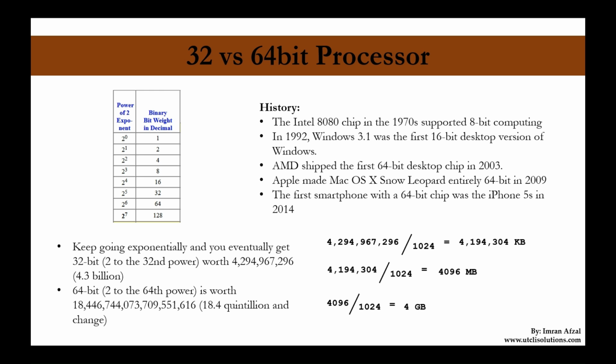Then AMD shipped the first 64-bit desktop chip in 2003. Apple made Mac OS X 10 Snow Leopard entirely 64-bit in 2009. And moving on to smartphones, the first smartphone with a 64-bit chip was the iPhone 5S in 2014.